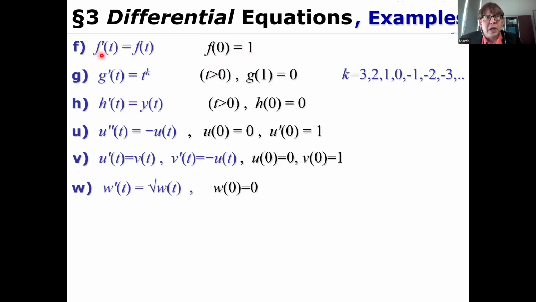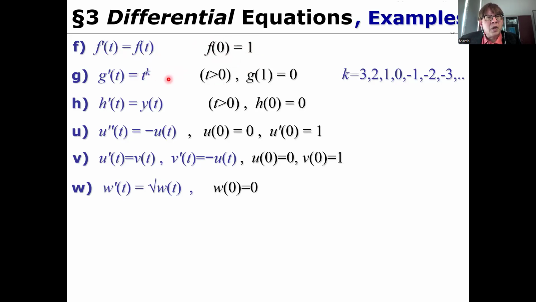So e to the t, or 2 times e to the t, or 3 times e to the t are all solutions. We want a unique solution and therefore add this additional condition requiring that the solution must have value 1 at argument or time 0. And then the solution is unique. It's just e to the t without a constant factor.